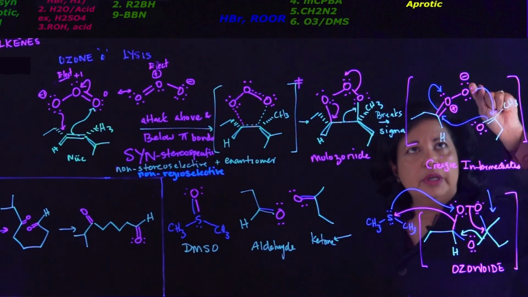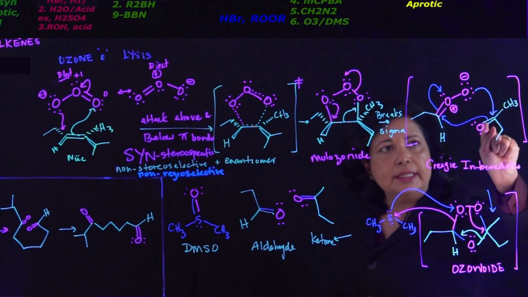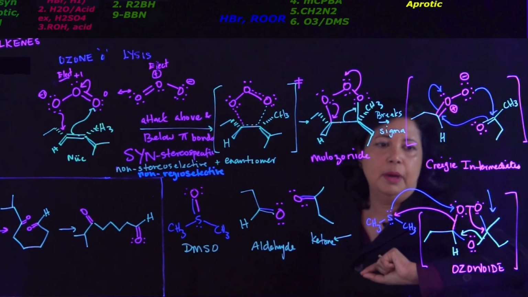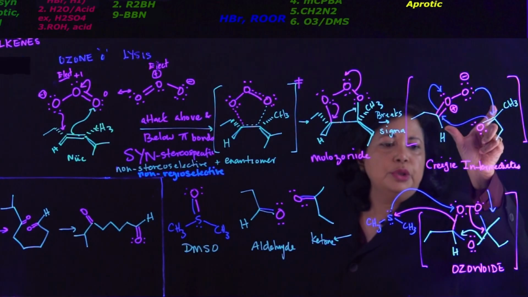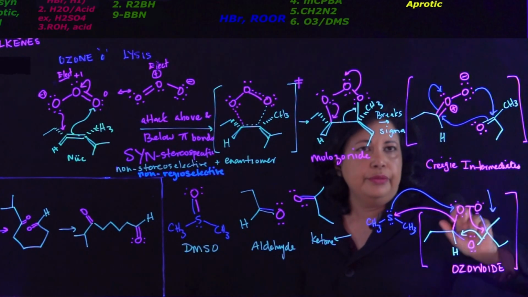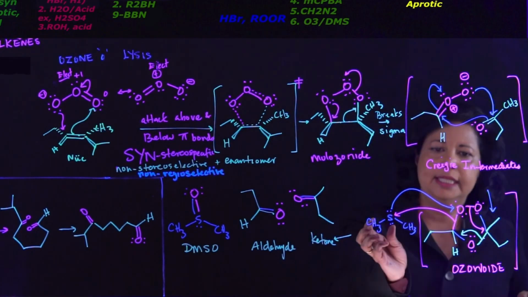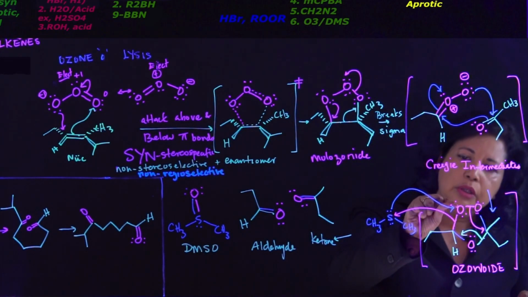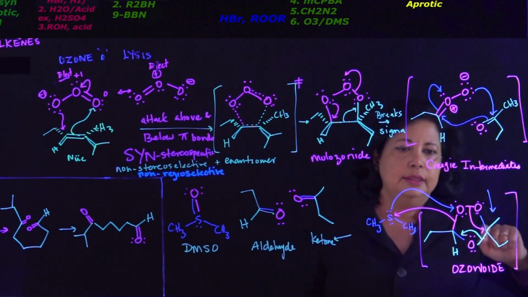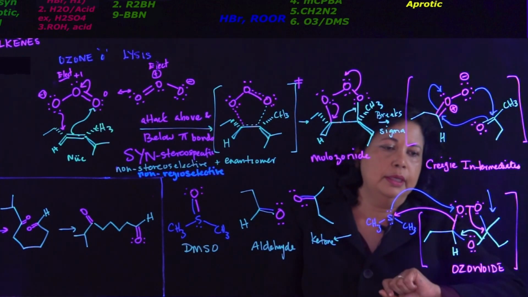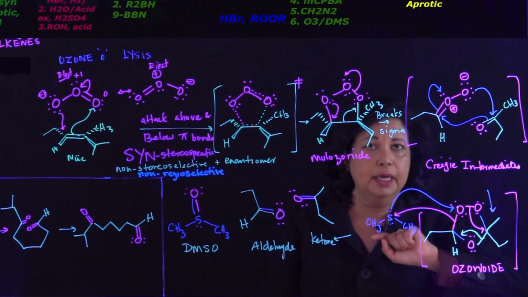The second time around, start with the negative attacking this and then going over here and pushing those electrons to the positive. And make sure that you draw this spider kind of thing. And once you've done the ozonide, bring the DMS and pick up one of the oxygens. So once you do that, that sigma bond's going to have to make a pi bond here, and that sigma bond's got to make a pi bond here.